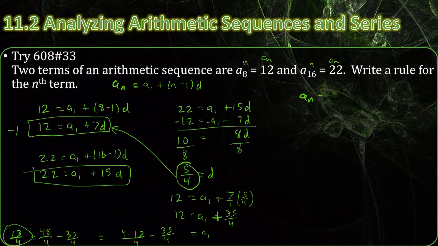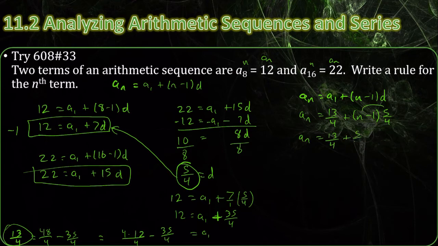All right, an is a1 plus n minus 1 times d. So an is an, a1 is 13 over 4, n is n, and d is 5 over 4. Distribute.